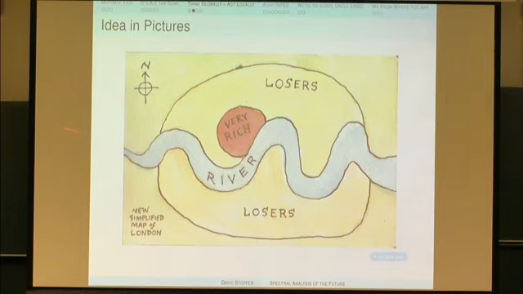Then you get out here, and not everybody's a loser. So as you're sampling from here, you're sort of mixing two distributions, the very rich distribution and the loser distribution. Then you swim a little bit more. Now you're in this distribution, and as you move along swimming, there's two distributions, but the way you're sampling it, it's sort of mixing.